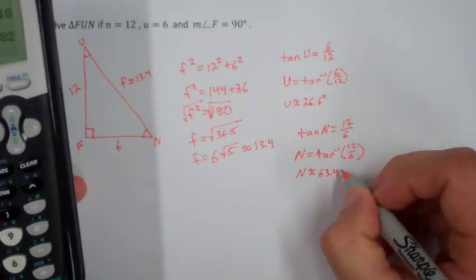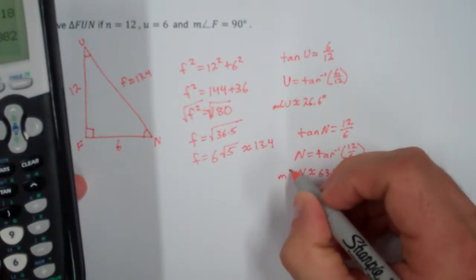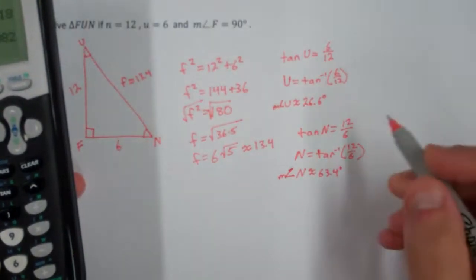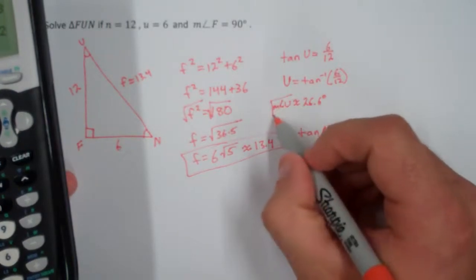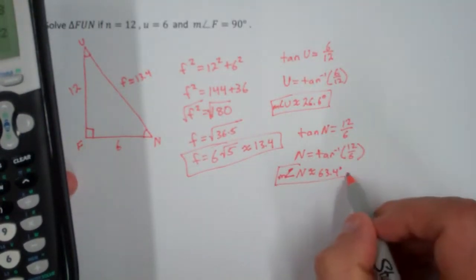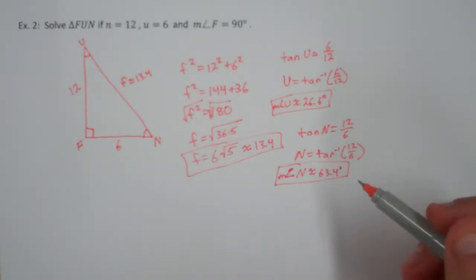And we probably want to use our measure of angle here. I'm talking about the measurement of that angle. So we have some values we think will work. We've got the side F, we've got U here, and N. Love to double check my work afterwards and just make sure that this makes sense.